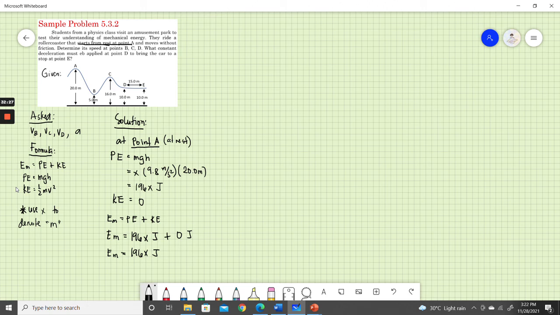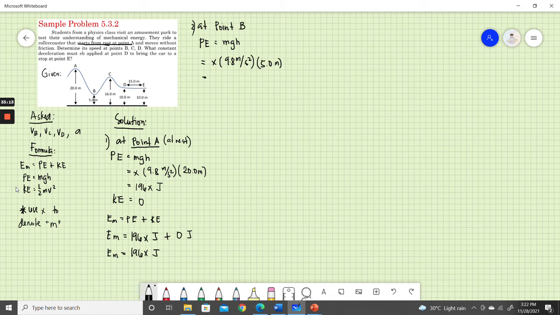Okay, I hope that is clear at this point. Next, let's consider point B. We're going to do the same thing: measure the entire mechanical energy at point B. We begin with the potential energy at point B. We know mgh as well, so we have x multiplied by 9.8 meters per second squared, multiplied by the height at point B, which is 5 meters.